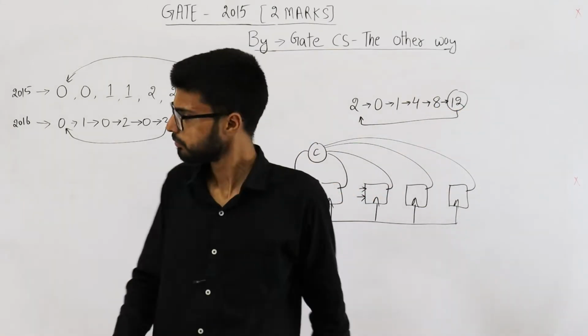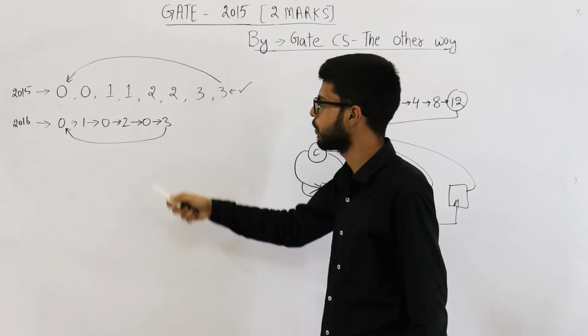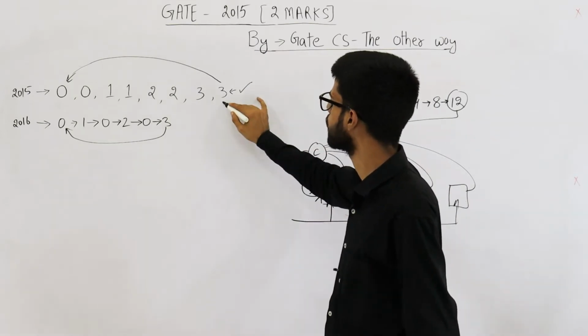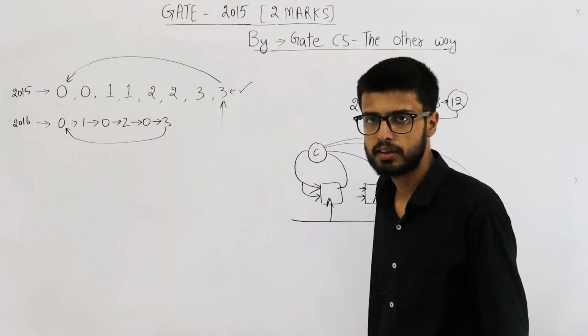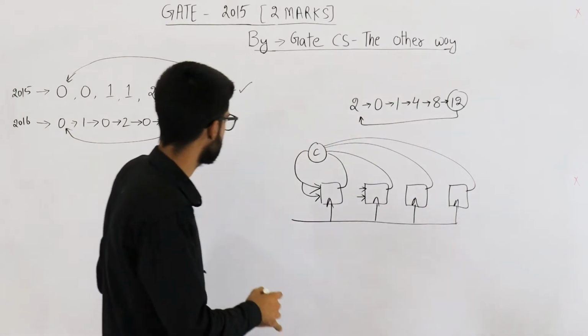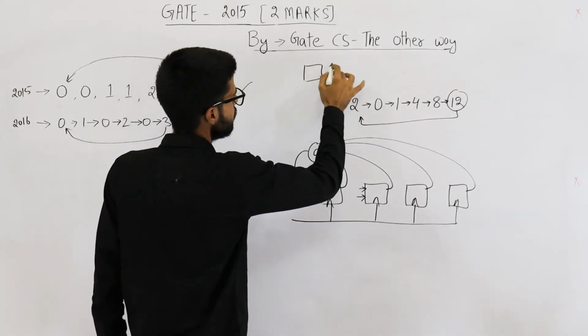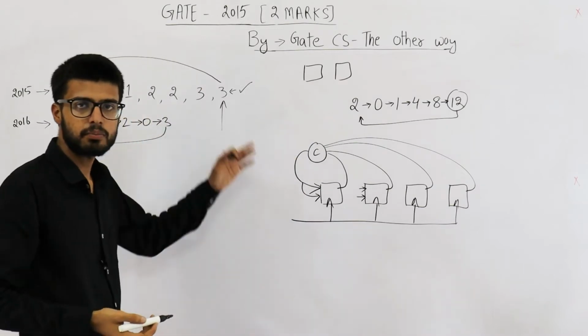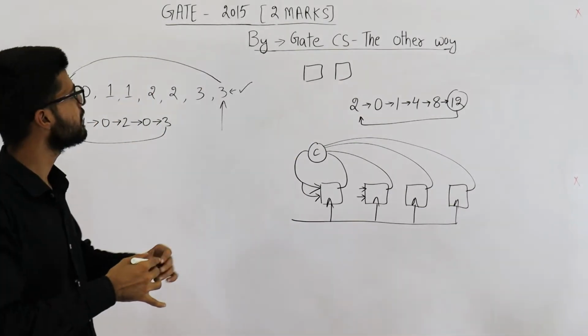That's it. Now, let's discuss this sequence. The biggest number is 3. 3 can be represented in 2 bits. Some of you might think that 2 flip-flops are enough, because every number in the sequence can be represented in 2 bits.